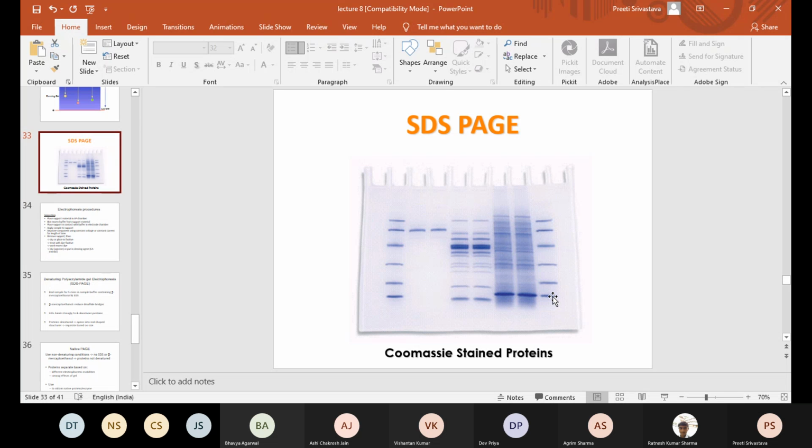Because of its small size, it is used as a tracking dye, because when it has reached the bottom, this is the time to stop the run.